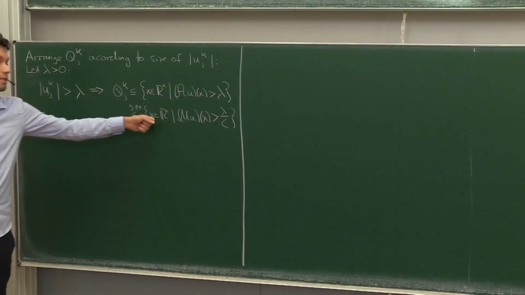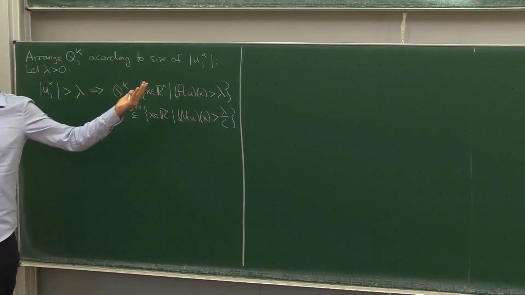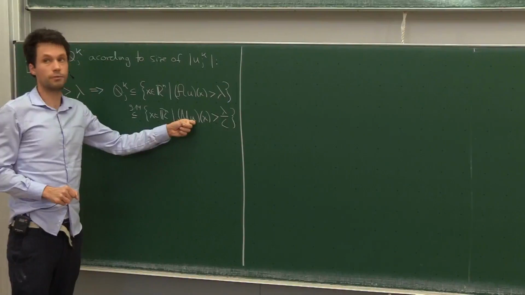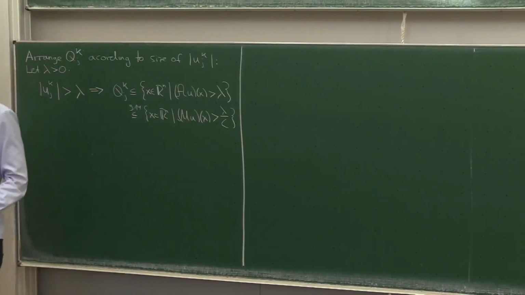Because how large is this set? It can be incredibly large. But what do we know about its measure? Well, u is an L2 function. Hardy-Littlewood of u is also L2.